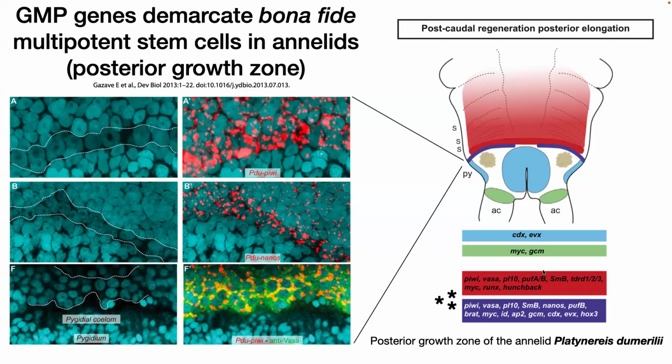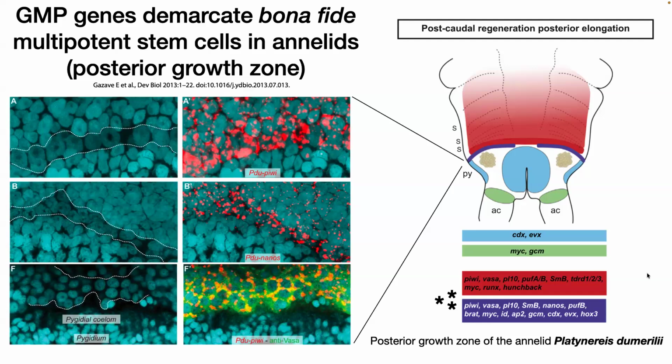On the right-hand side, you see the genes that have been associated with different phases here. And sure enough, that stem cell zone, this dark blue or purple one, actually includes the genes PIWI and VASA and nanos that I just described before, along with others like BL10, or in this case also MYC and other genes. So you can see that the markers I illustrated initially for the germline cells in the fly can be found to be expressed in a region that was already described to be likely a stem cell zone in annelids.